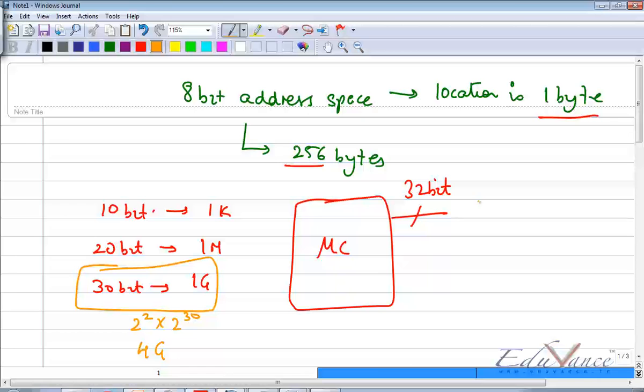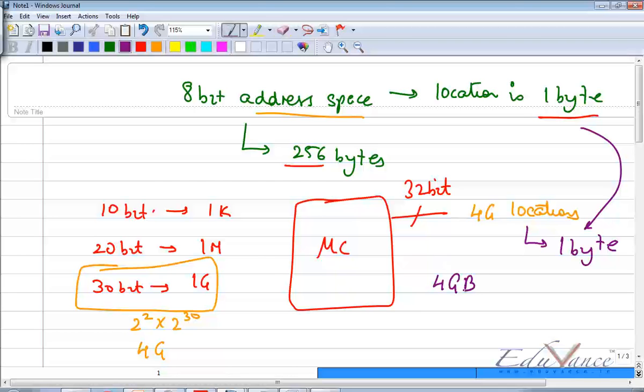So my address space, again I'm saying, is 4 giga locations. And if each location I assume is 1 byte, then my total address space is 4 giga bytes. I hope this is clear, the concept of address space.